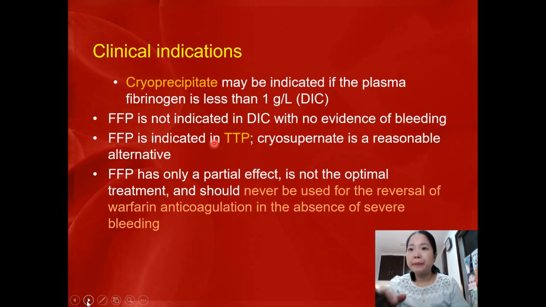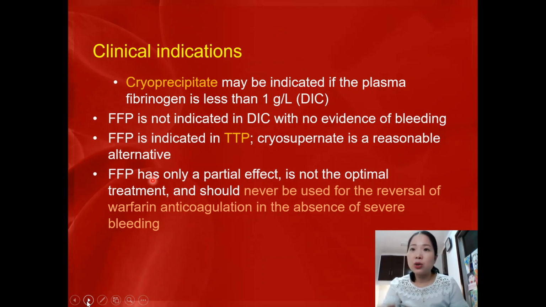And during the plasmapheresis, you can replace the plasma that was taken from your TTP patients with either FFP or cryosupernate. Now, FFP should only be given for warfarin reversal in a bleeding patient.